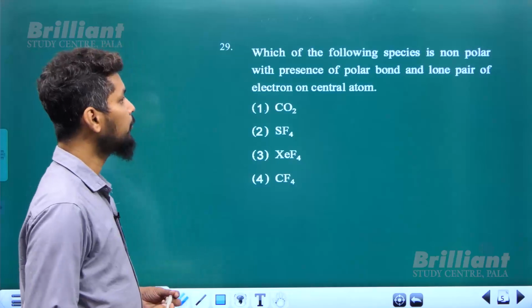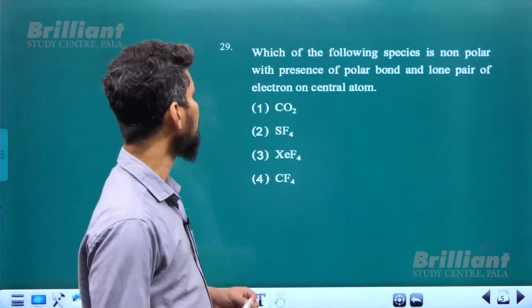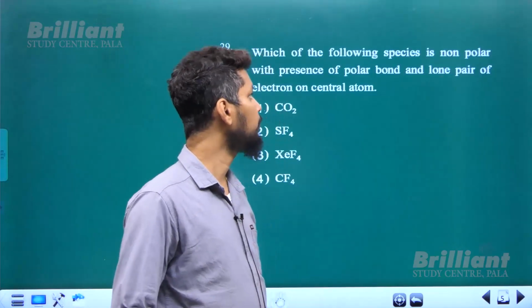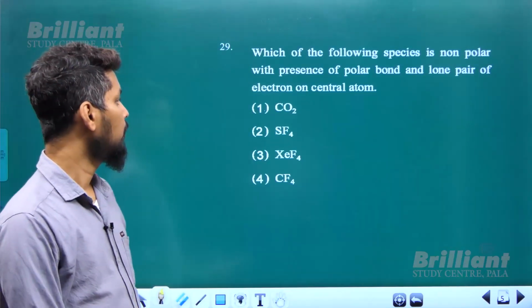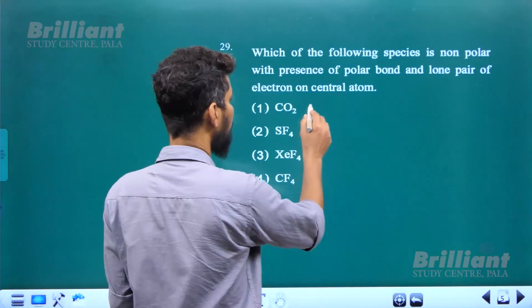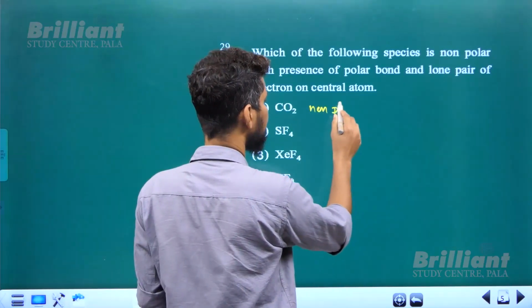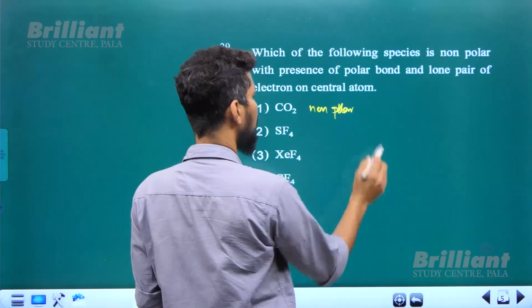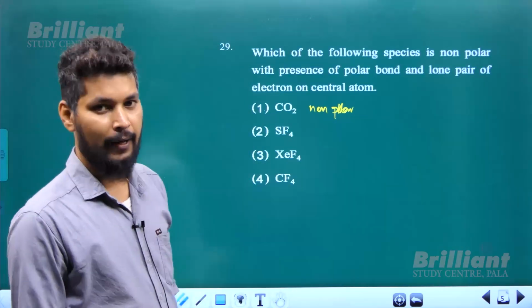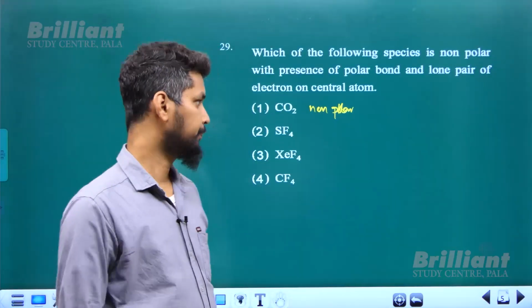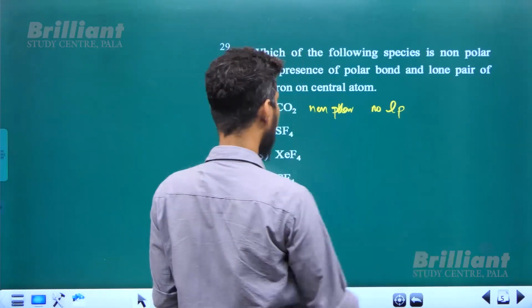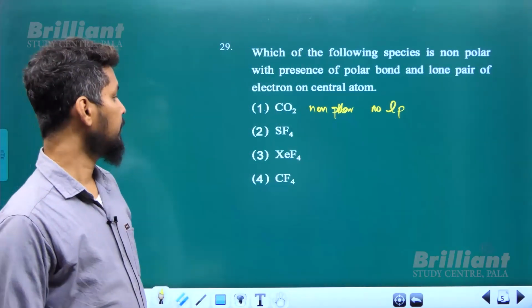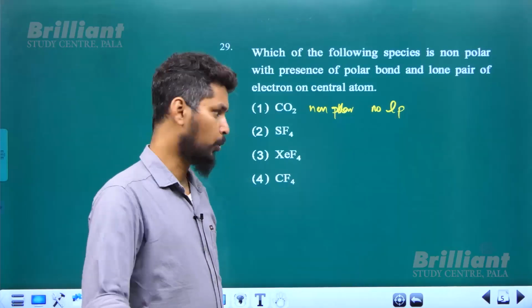Which of the following species is non-polar with presence of polar bonds and lone pair of electrons on the central atom? Carbon dioxide is basically non-polar, and it doesn't have any lone pair of electrons on carbon. Coming to SF4, it is polar.